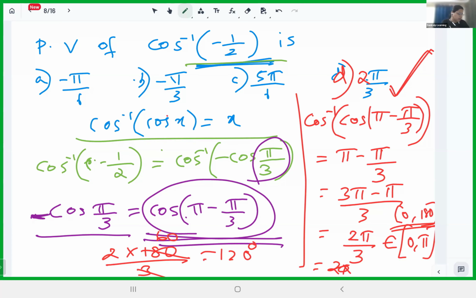Okay. Now moving on to the next question. The value of tan inverse of root 3 minus sec inverse of minus 2.